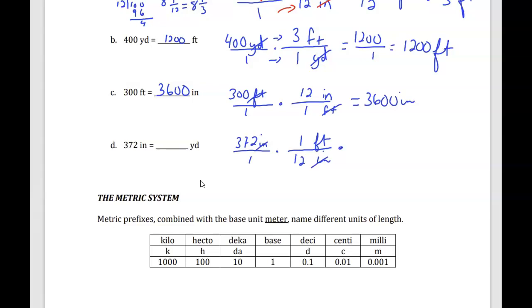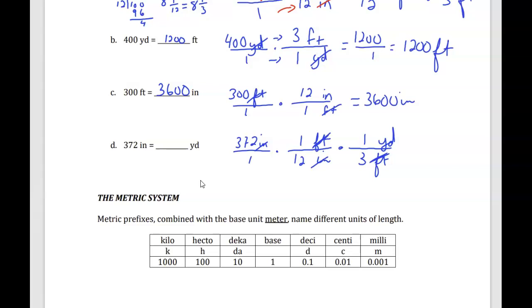And then I'm still wanting to go to yards, so I know that there are 3 feet in 1 yard. So notice I want to put the units on the opposite numerator denominator. So I started with inches.